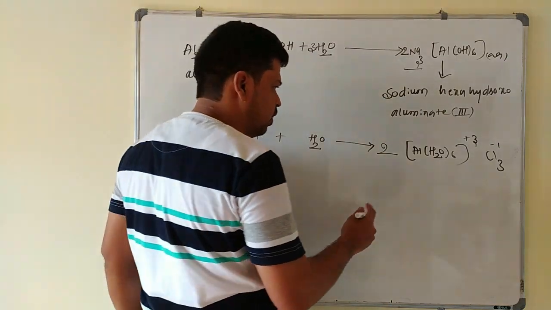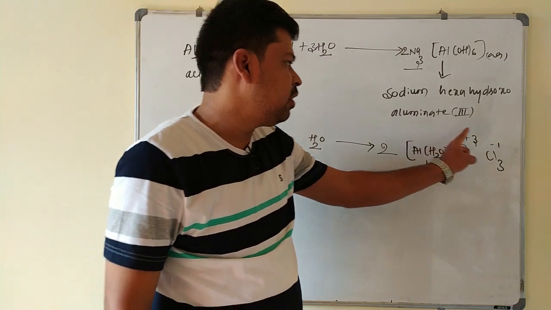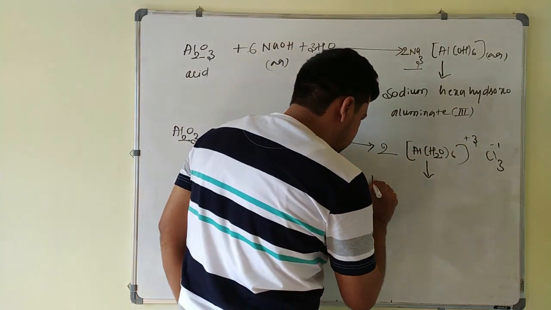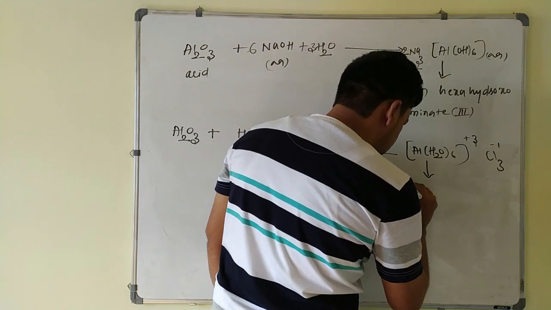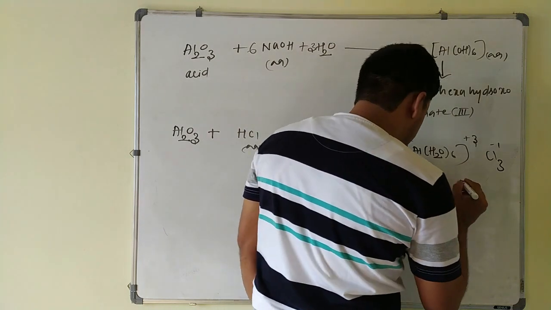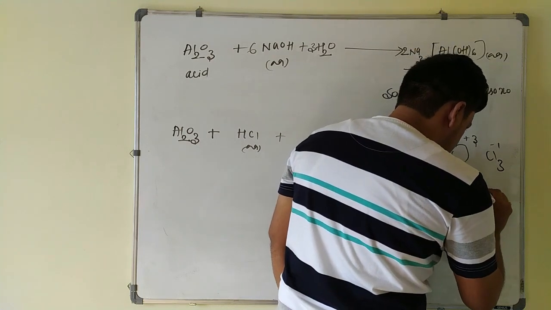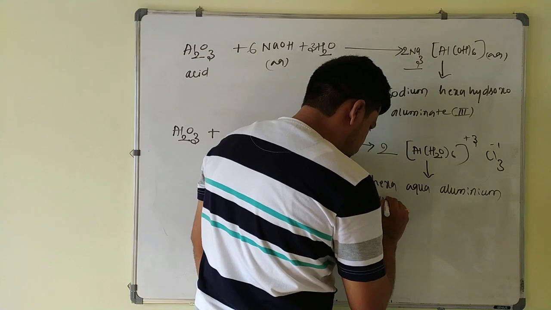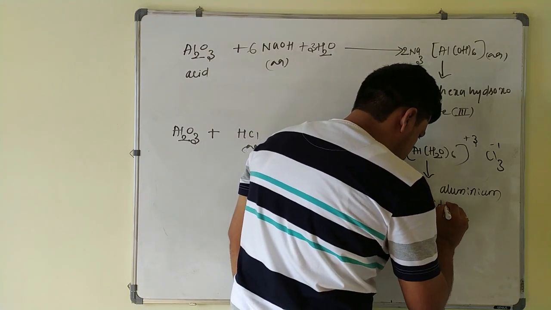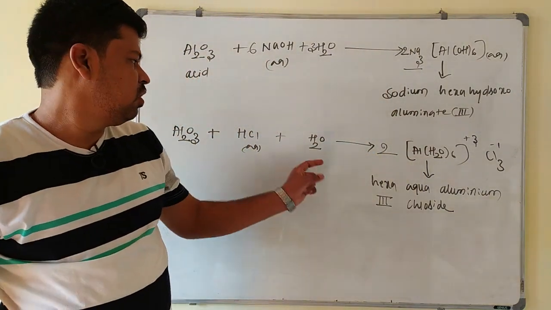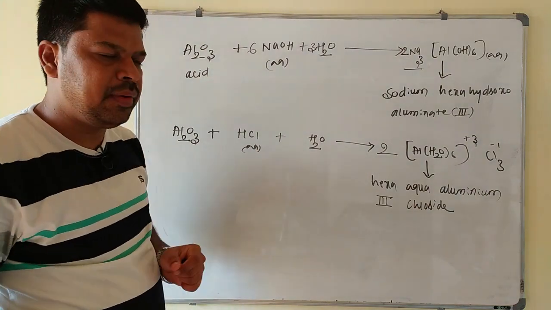This complex is called hexaaqua aluminium(III) chloride. Just looking at this, it looks very difficult, but there is a very simple basic behind this.